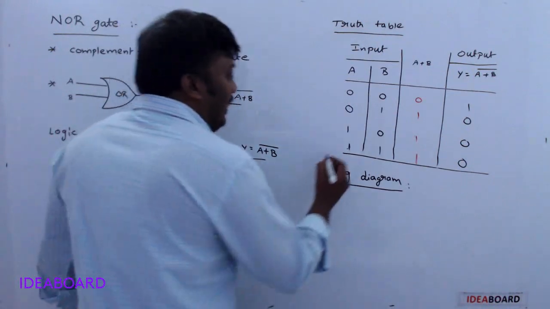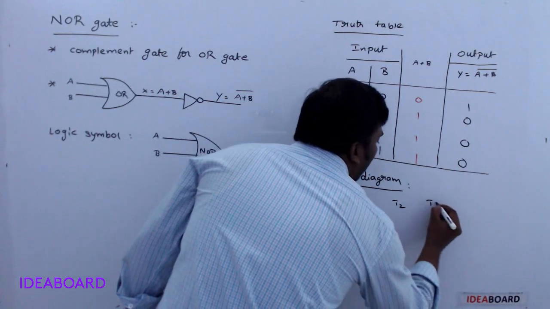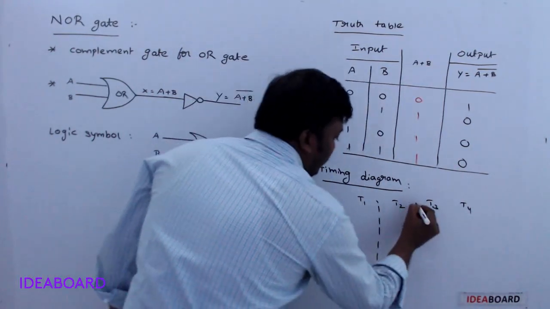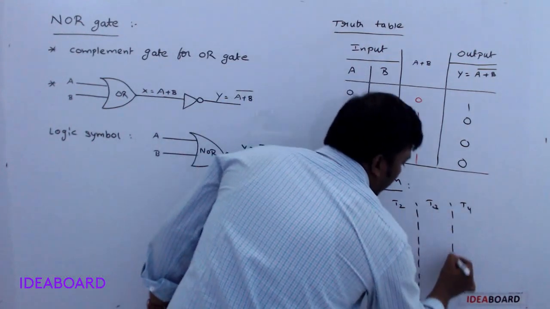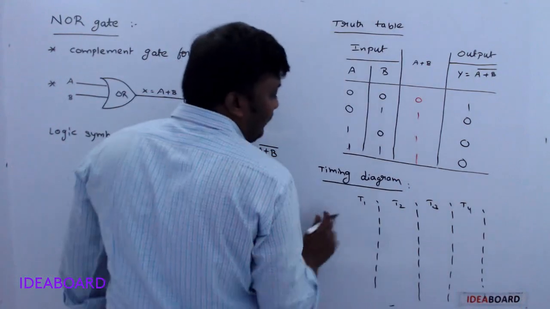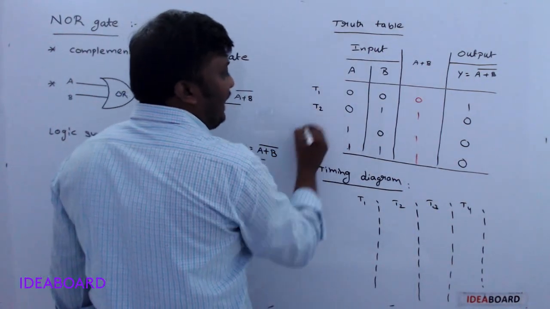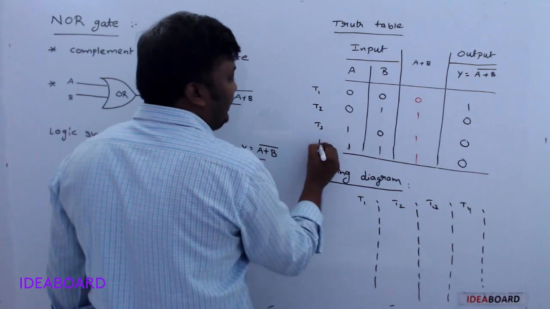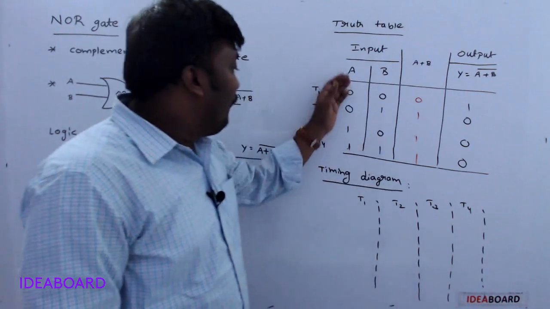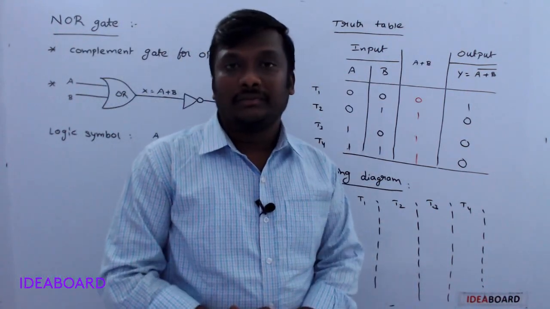So let the timing diagram consist of 4 timings T1, T2, T3, T4. This is at time T1, this is at time T2, this is time T3, and this is at time T4.